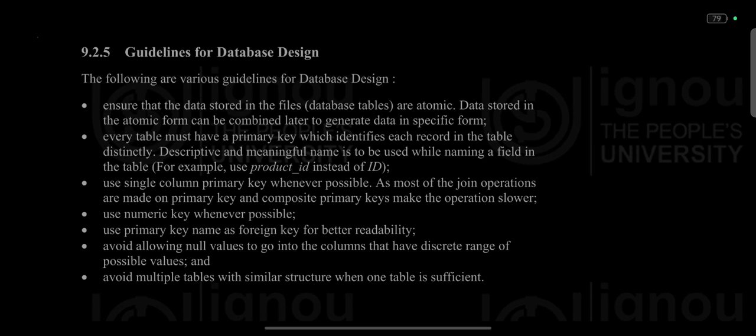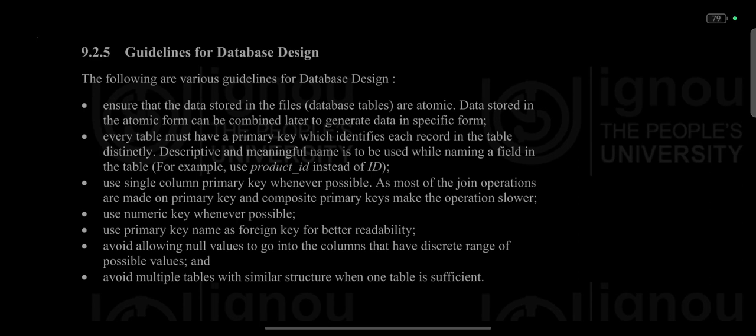Every table must have a primary key which identifies each record in the table distinctly. A descriptive and meaningful name is to be used while naming a field in the table. For example, use product_ID instead of ID.